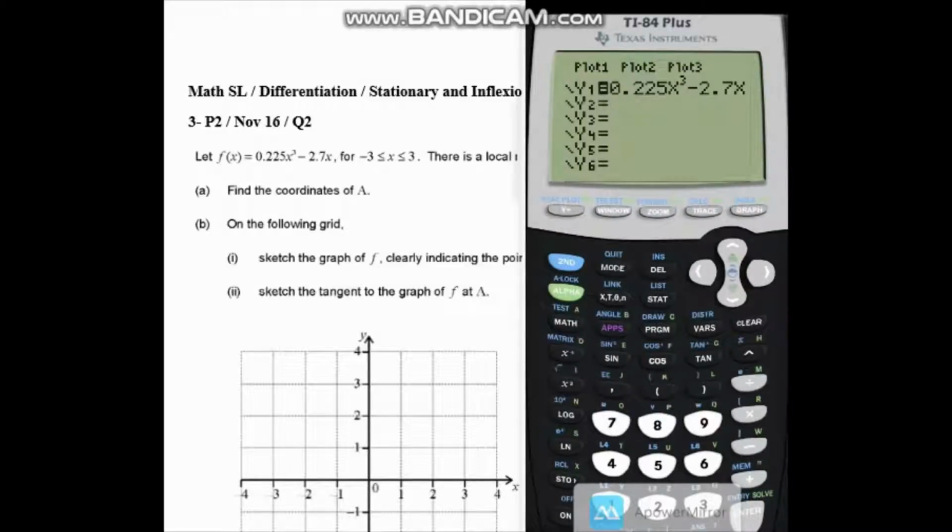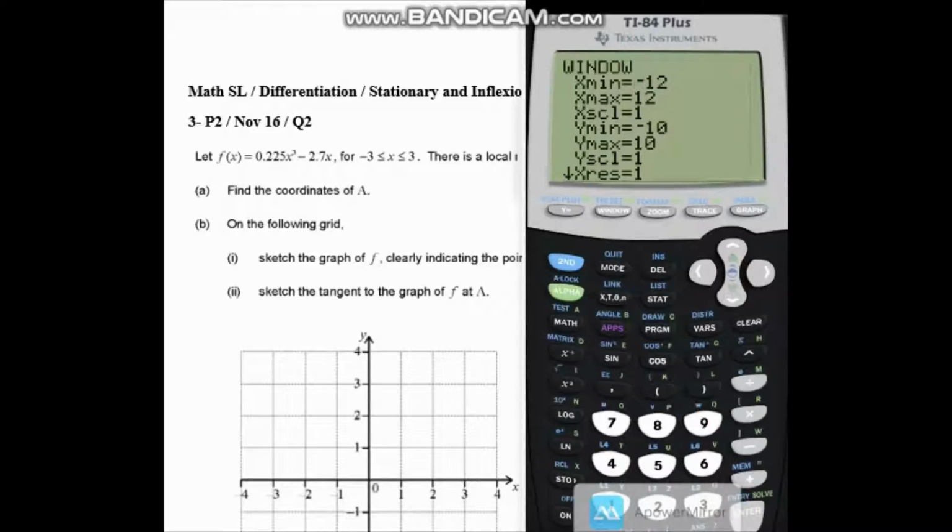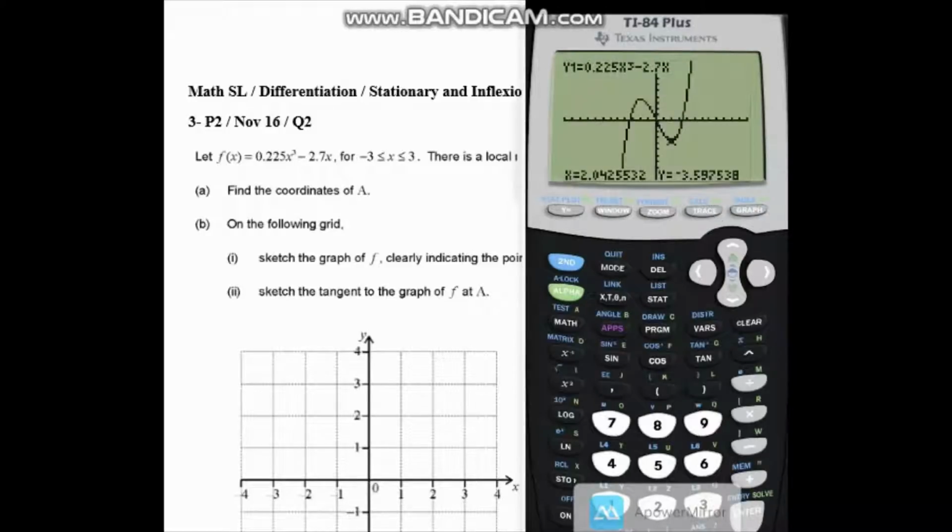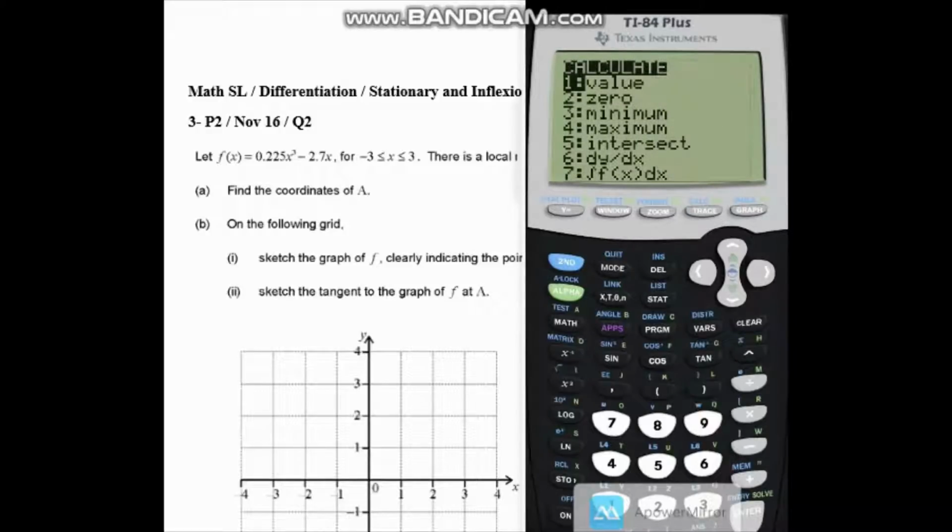So I've written down my function on the GDC. I've set an appropriate window for my graph, and I shall click on trace to see how the graph looks like. So there is my graph, and now I want to find the coordinates of the local minimum point. So I shall press on second, trace, minimum.